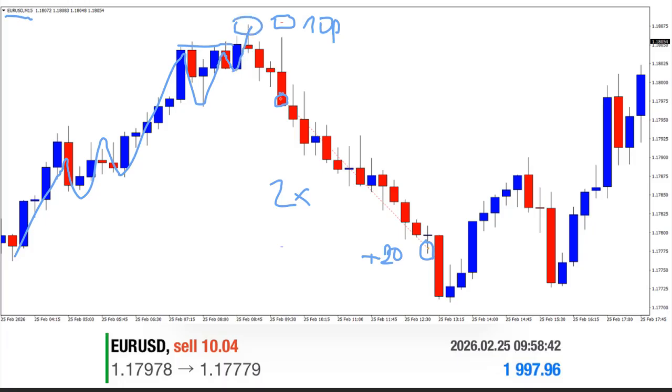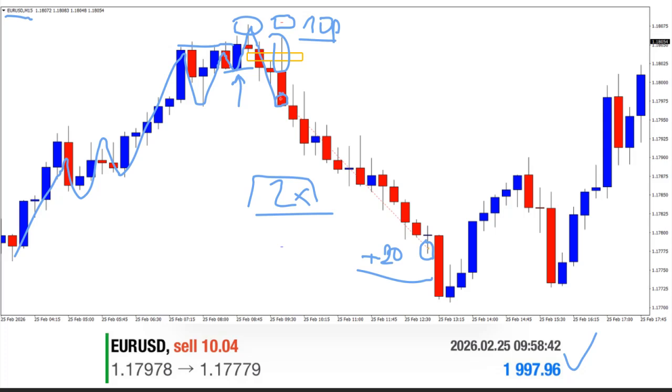As you can see, we had this manipulation phase, market dropped, broke some previous short-term lows, and on the way to the downside we also had this shift confirmed with bearish imbalance, the fair value gap, and as you can see, beautiful spike, beautiful rejection. So we entered at the candle close, 10 pip stop loss, 2 times the risk. Our target was down there. We were seeking that Asian session lows, and this is one of the accounts. Nice trade for almost the end of the month of February 2026.